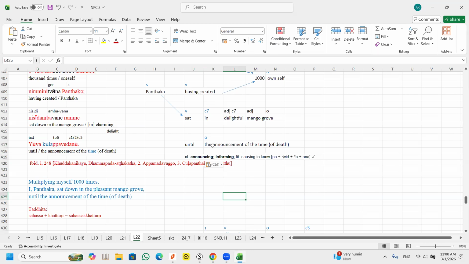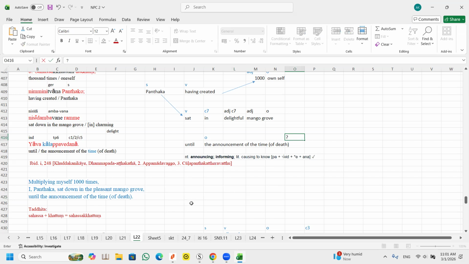So here, that means this is a noun. Announcing. So I change the word to announcing because this is a compound. Announcement of time. See, this is the word kala, the announcement of the time. In this case, who were able to translate that as announcement of the time of death? This is another problem.